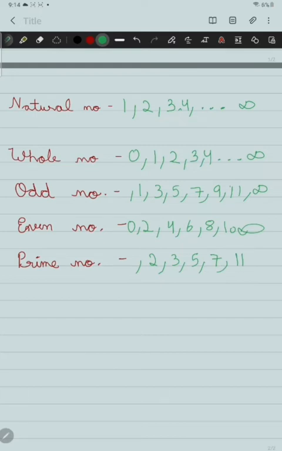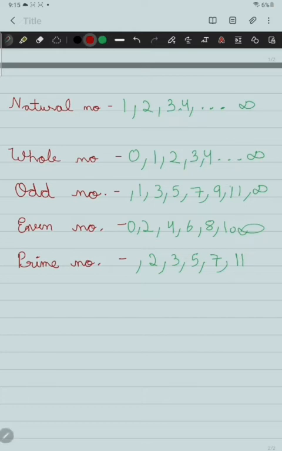They can also be infinite. And 1 is not considered a prime number because it has only one factor, which is 1. Means you can say prime numbers are the numbers which have only two factors, the number itself and 1.